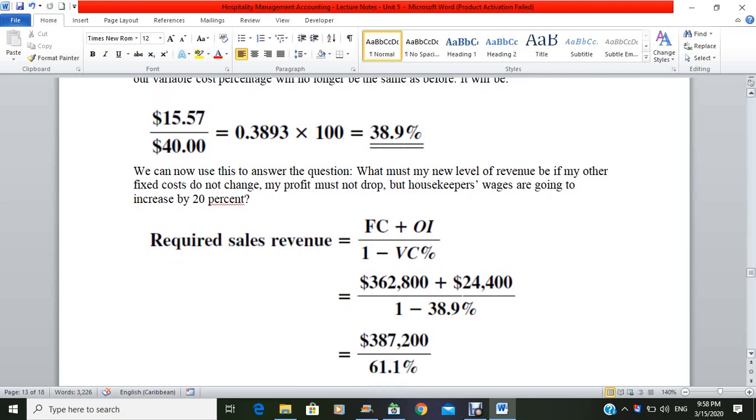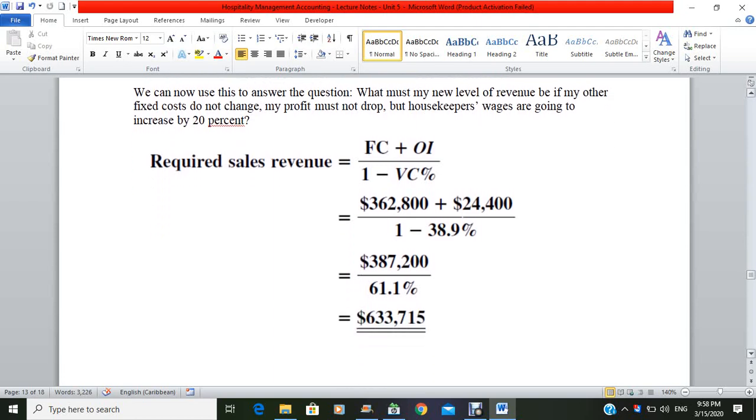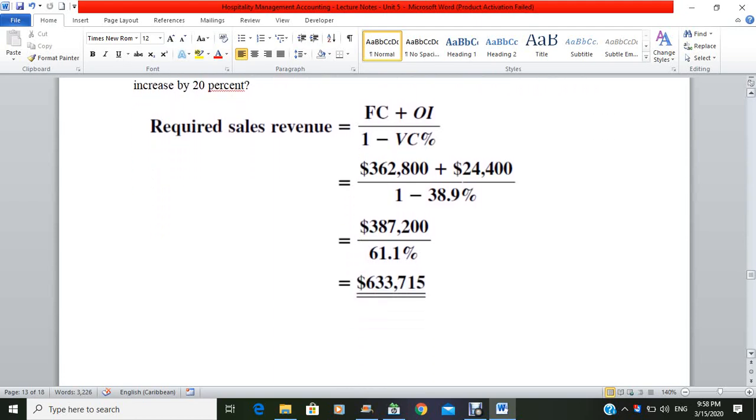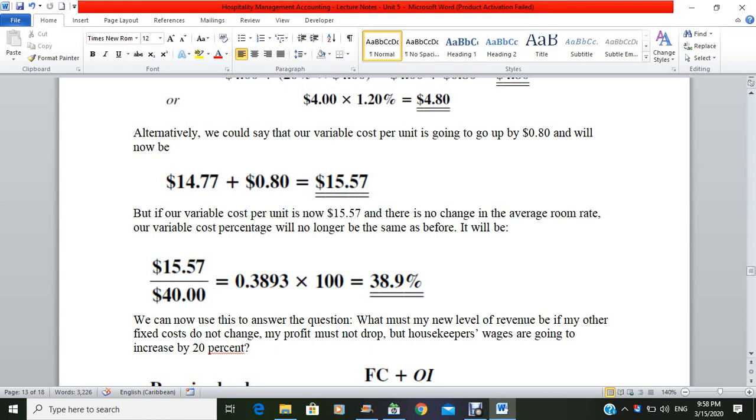Good? In this case, you'd have it like this: fixed cost plus other income, over 1 minus the variable cost percentage. And then you do your calculation, and that gives you a figure of $633,715. Good? Now remember this note: we have changed from 36.9% to 38.9%.